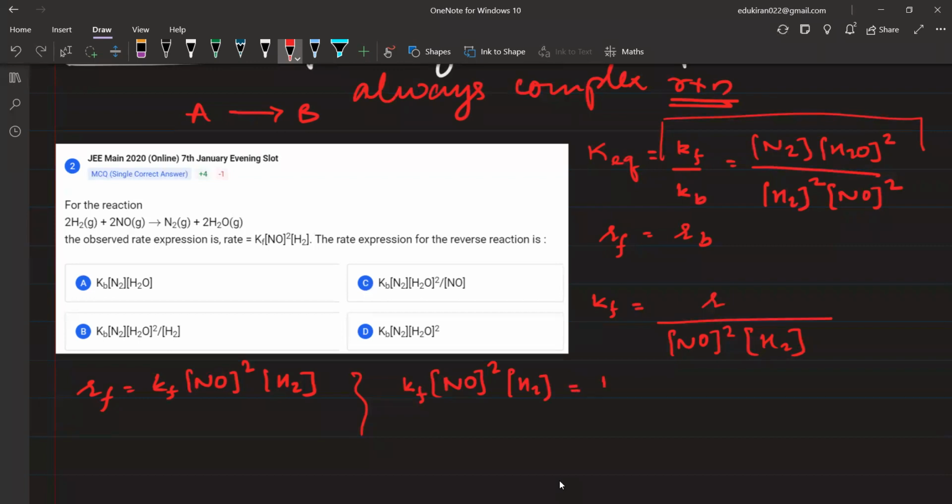This will be equal to KB into N2 H2O का स्क्वायर divided by H2. Can you get this from this? Tell me. Yes or no?